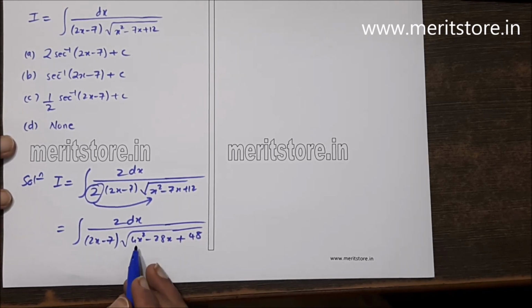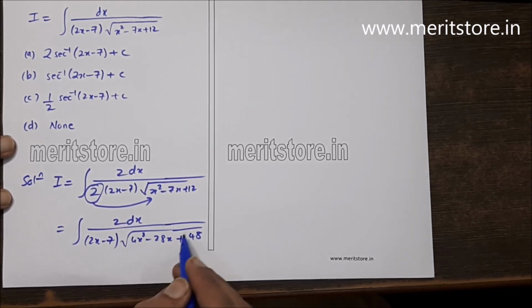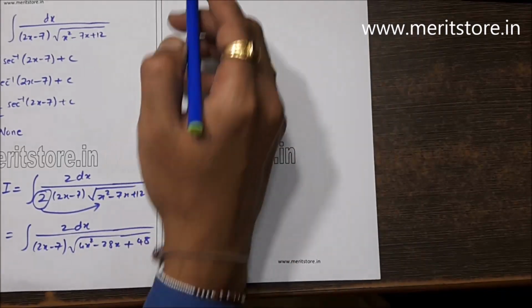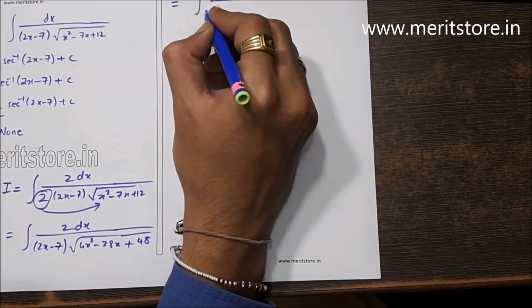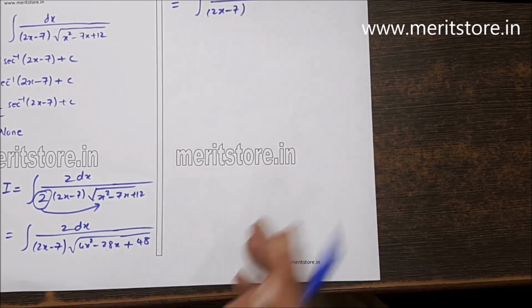Now we observe this is the square of 2x. This is 2 into 7 into 2x. I'll try to complete the square in this space. Applying the completing the square method, this is 2x minus 7.